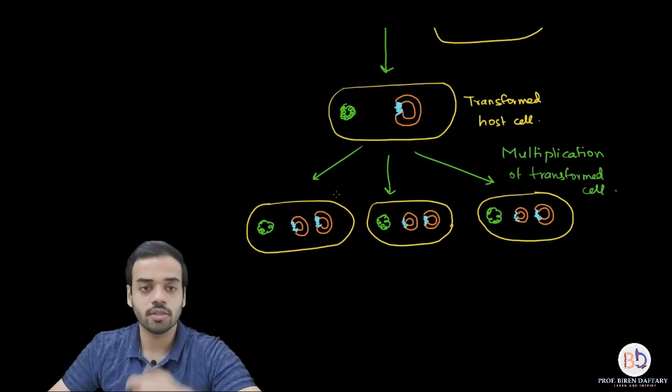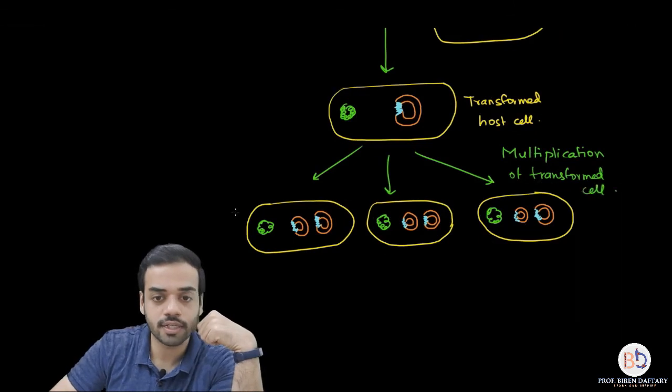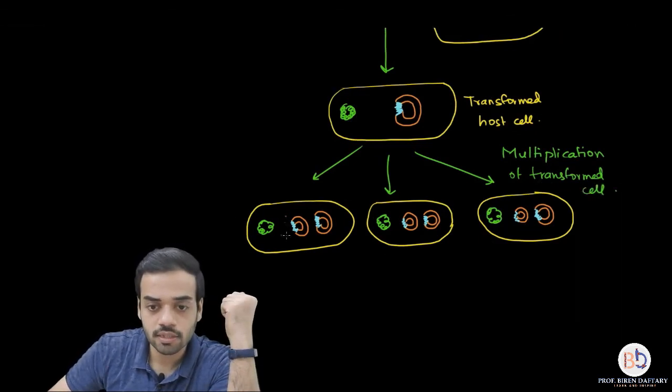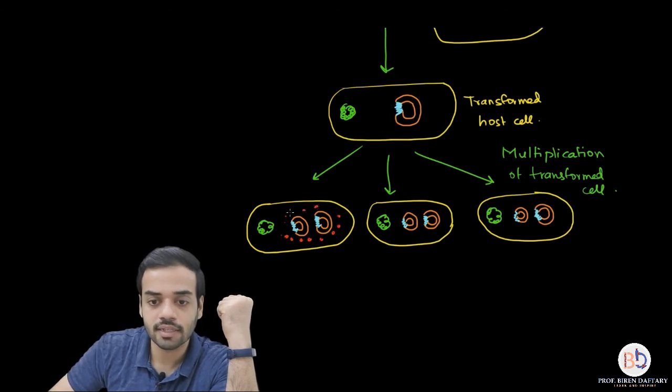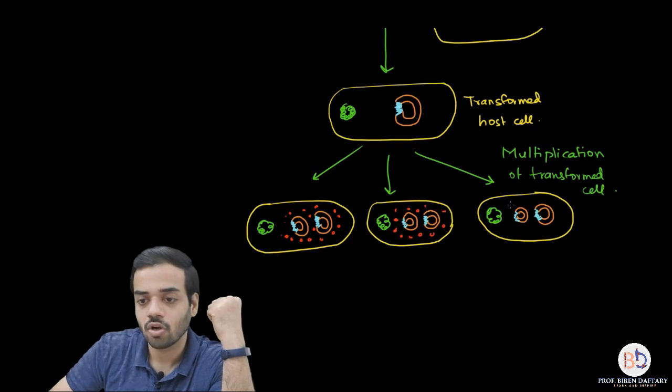And now each one of these is going to form the products. Okay, so for products I'm going to use a different color over here, red. So I'm going to show these red things which are formed, and these red things are the products. Suppose they are vitamins. Okay, so all these products will be formed, and this is the last step, which is obtaining the product by downstream process.